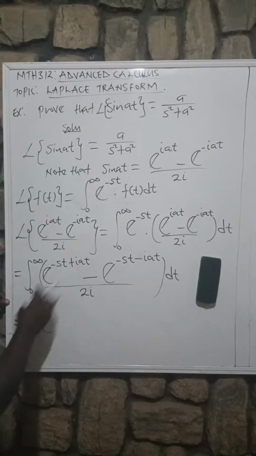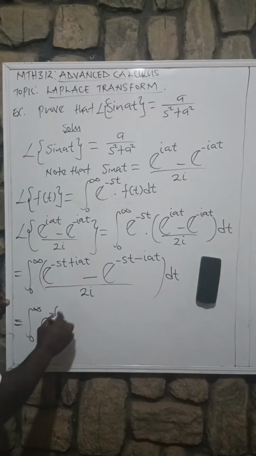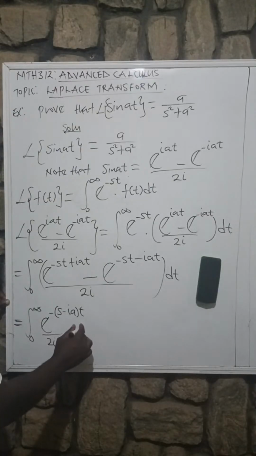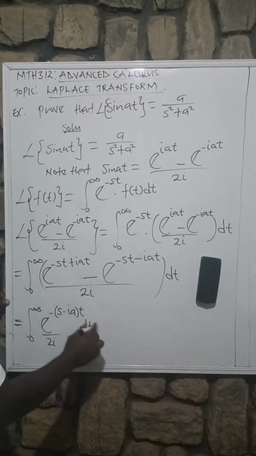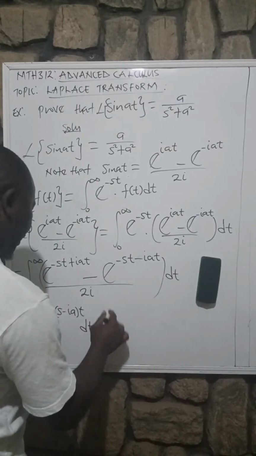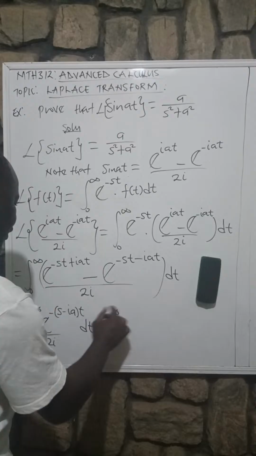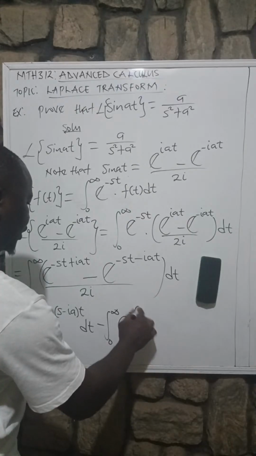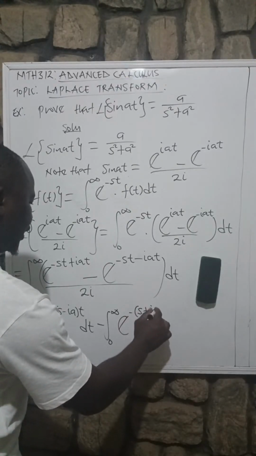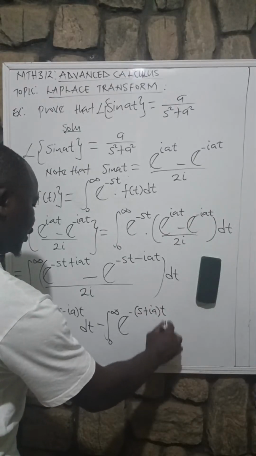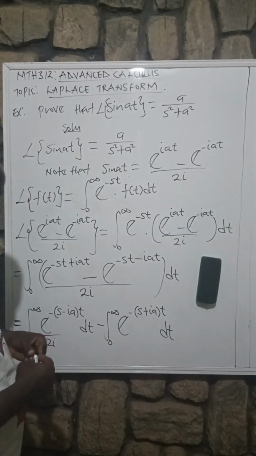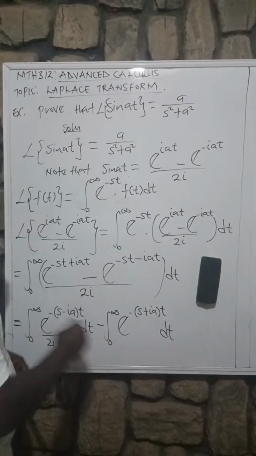What is common here? t is common, true or false. Minus open bracket s minus ia close bracket t all over 2i dt, then minus the integral from 0 to infinity of exponential minus open bracket s plus ia close bracket t dt. True or false? Okay, so I want to clean this up.